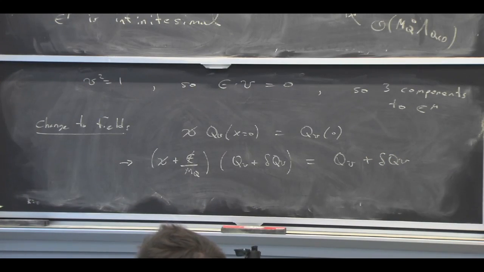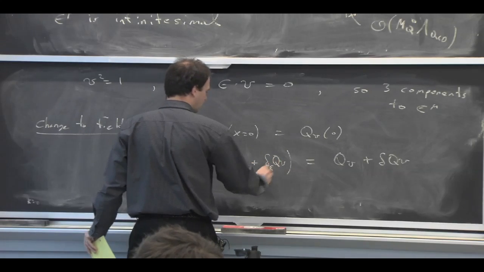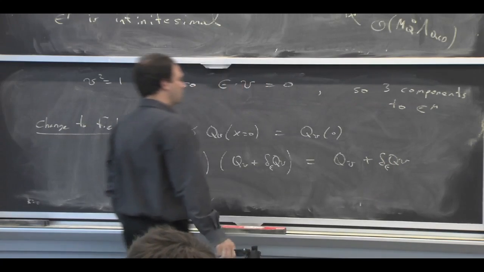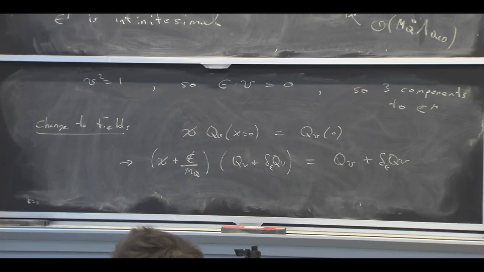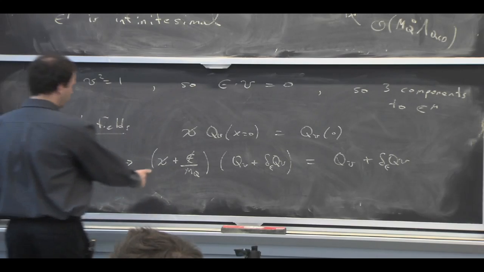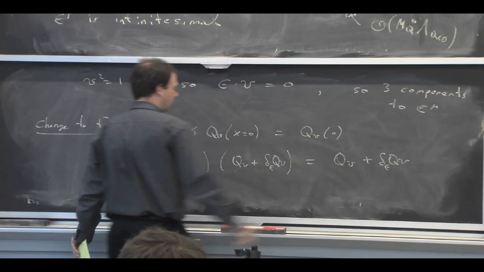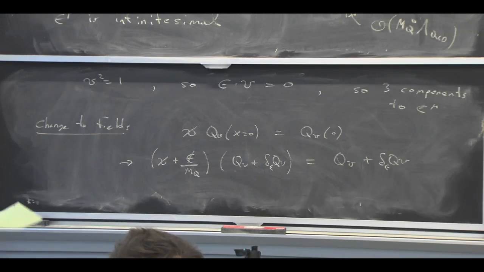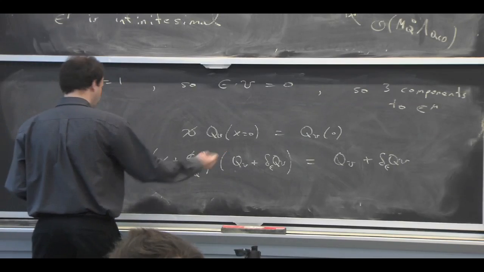So this thing here is some order epsilon change. Then I can take this equation and I can just solve, so the piece that's order epsilon to the 0 is just satisfied, solve for the piece that's order epsilon, and that gives me an equation for delta QV.